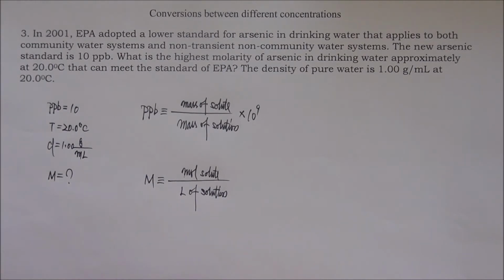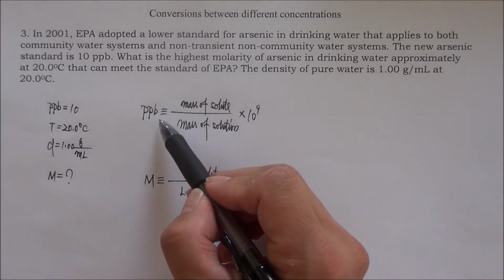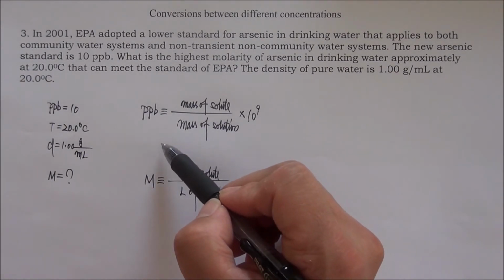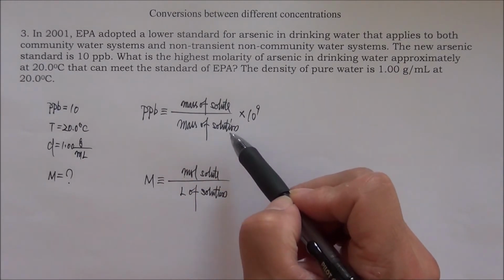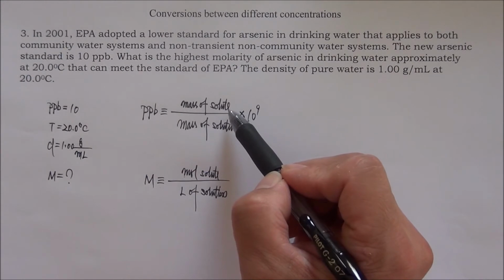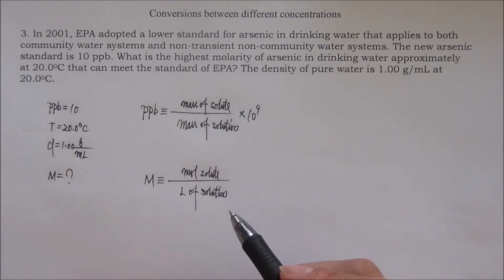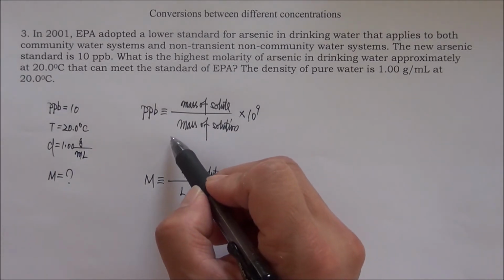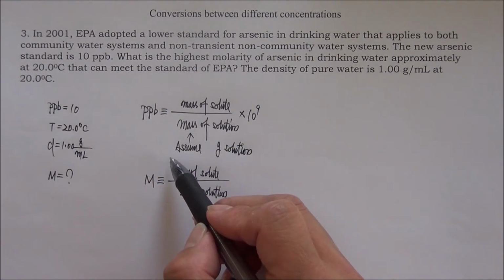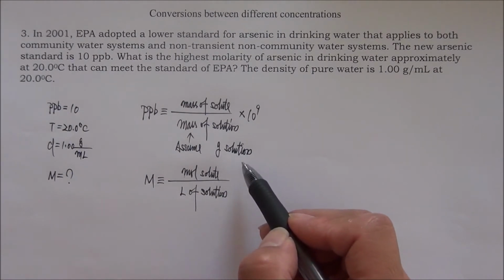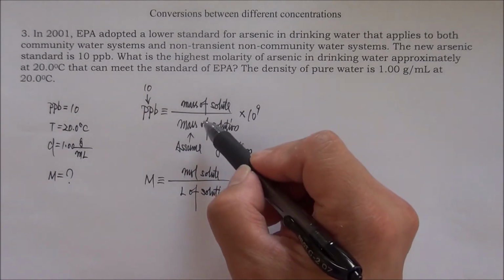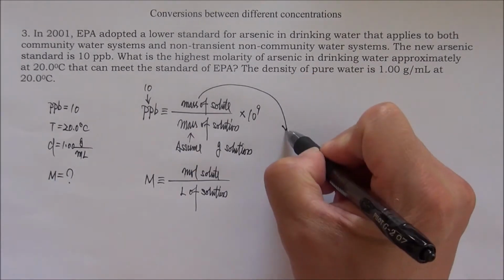As we have already learned in class, when we convert one concentration to another concentration, we can assume we have any amount of the solution. We can also assume we have any amount of the solute, but do not assume both at the same time. Now I'm going to assume we have a certain amount of the solution. If we know how many grams of the solution, because we already know the ppb is 10, we can find the mass of the solute.